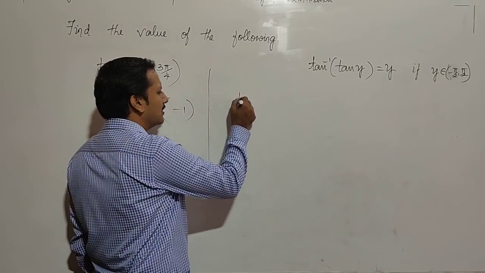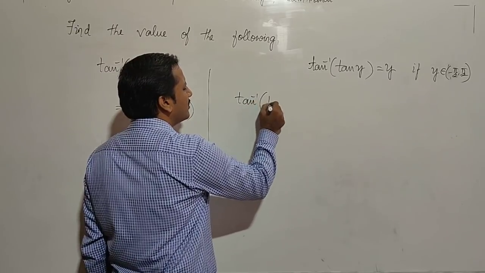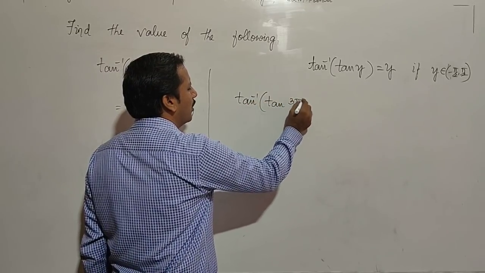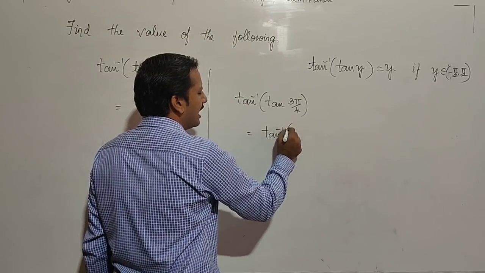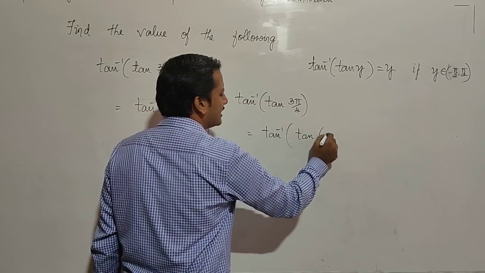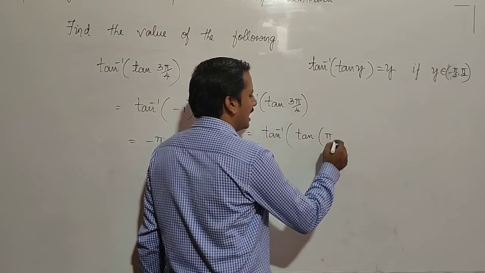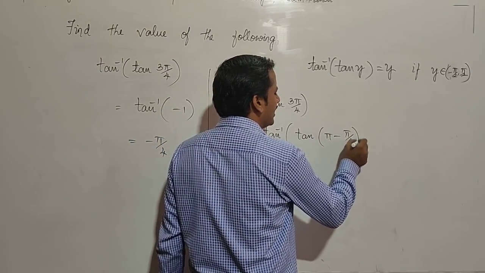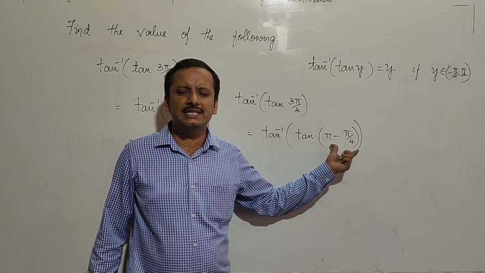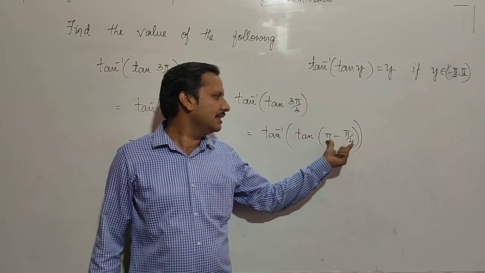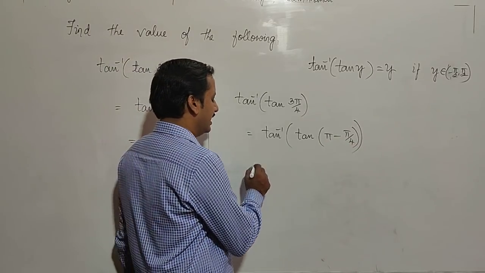There is another method also. Tan inverse of tan 3 pi by 4 is equal to tan inverse of tan of this 3 pi by 4, which I will write as pi minus pi by 4. This is in the second quadrant. In the second quadrant, tan is negative.